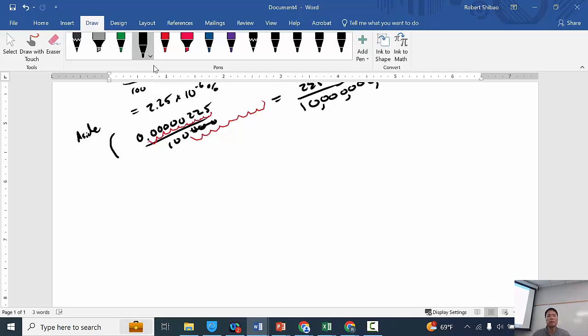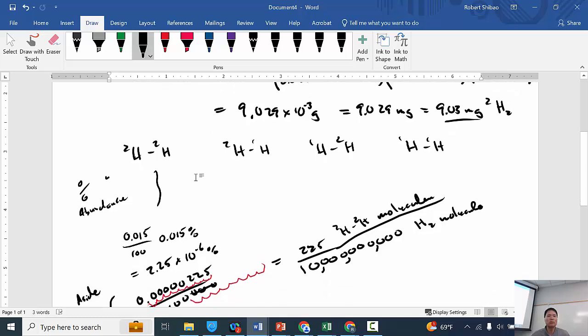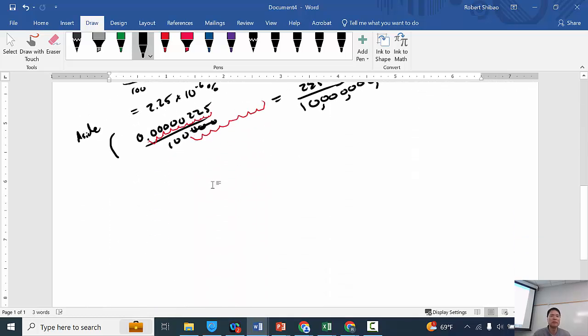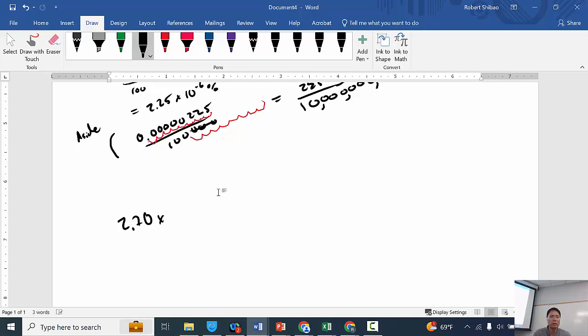And so the problem was, if I have 2.70 times 10 to the 21 deuterium atoms. This is an odd question because normally they wouldn't say deuterium atoms, because we know how many molecules there are. It would just be easier to say how many of these molecules there are.